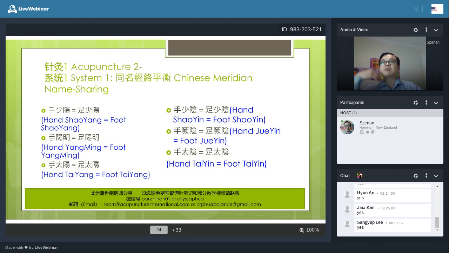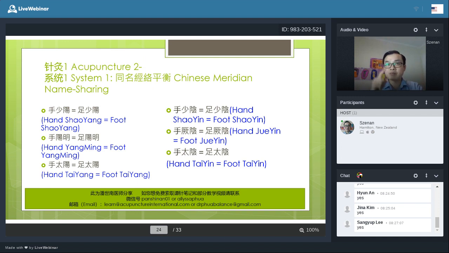Szenan is a member of the Phua family, living in New Zealand. But if Sihan has any problem, I would help. If I have any problem, Sihan would come and help me. That simple it is. They come from the same family. They share the surname, the last name together. The surname of those meridians, if they are the same, they can balance each other.